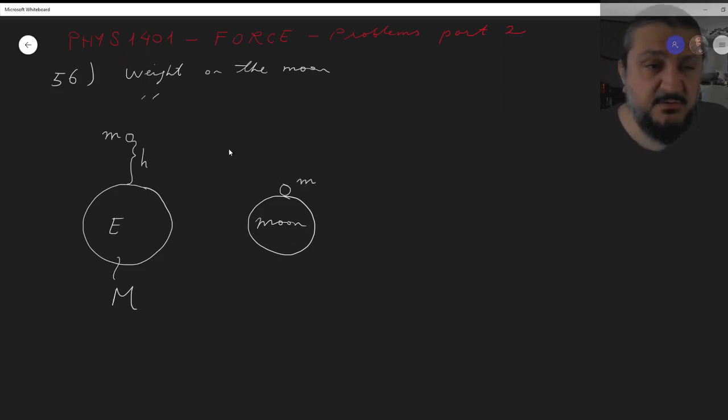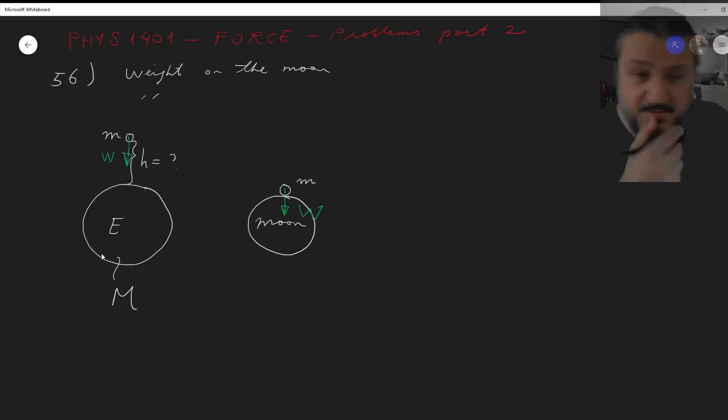Okay, so what is h? If the weight on the Moon is now equal to the force on m over here on the left, this is the same weight. If these two are the same, what is h?